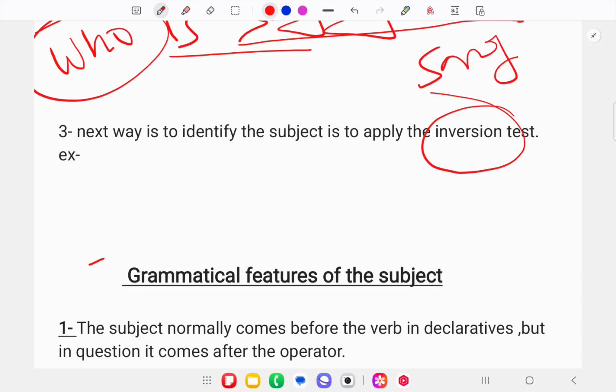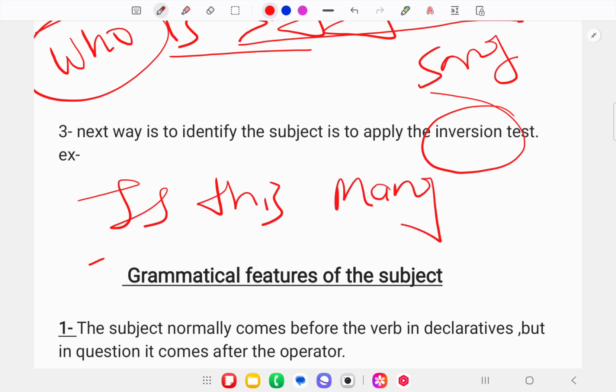Okay, so here if I say, is this mango, suppose that I have a mango in my hand and I'm asking someone, is this mango or banana, then he will say to me, yes, this is mango. So our next way to identify the subject is to apply the inversion test.